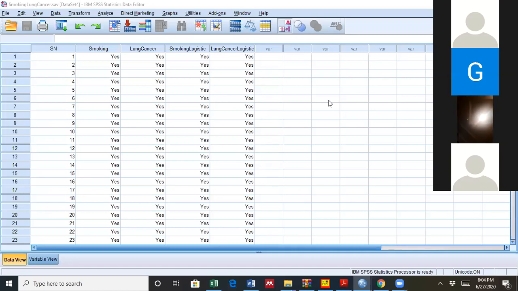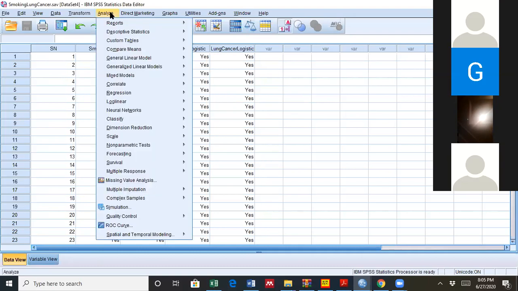Yes, that's it. Now, you will see there's a variable smoking, there's a variable lung cancer. Go to analyze. Anything categorical, where smoking is yes or no and lung cancer is yes or no, it's crosstabs. Go to crosstabs.